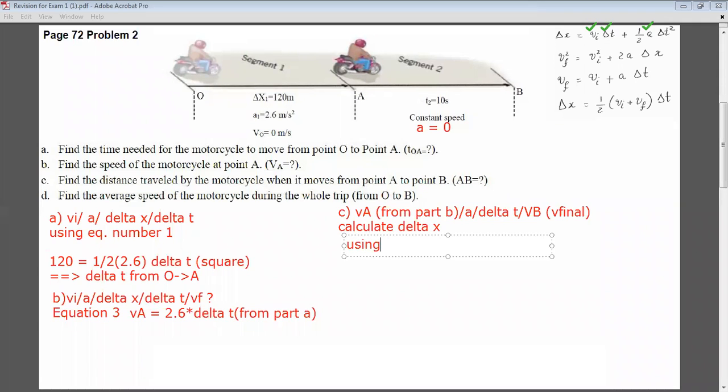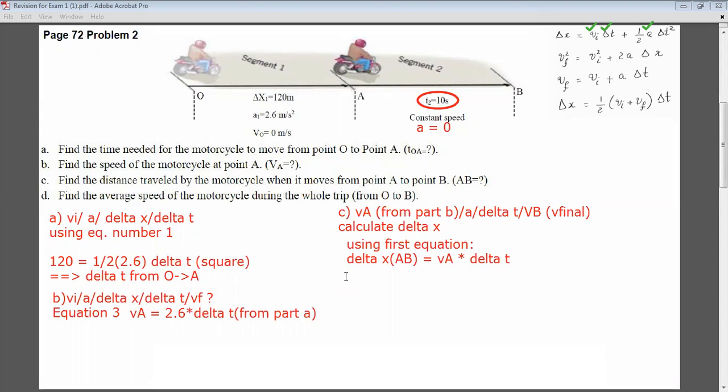So using the first equation, delta x from A to B is equal to the initial, which is VA, times delta t, where delta t this time is 10 seconds, and VA is from part B. Okay.